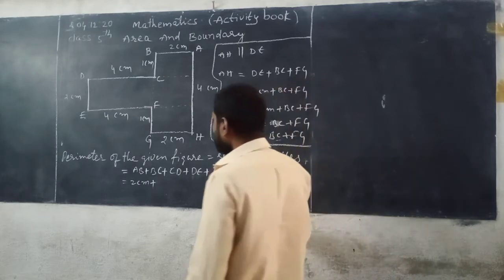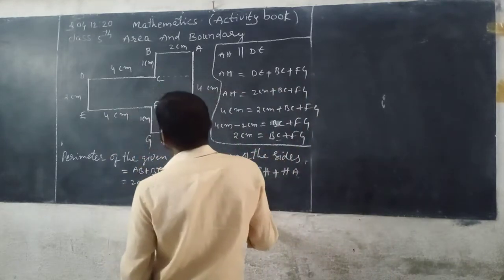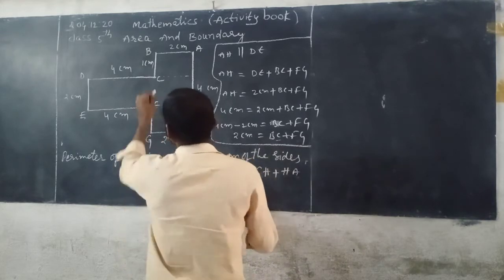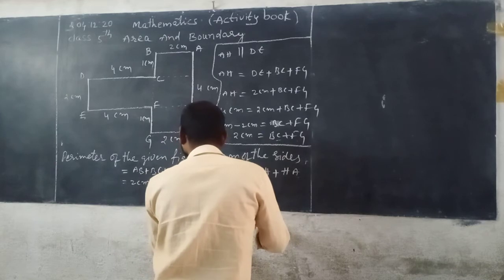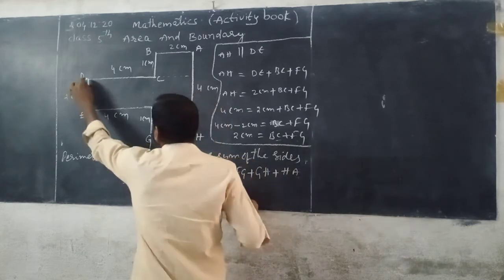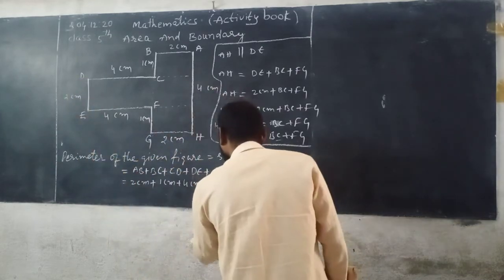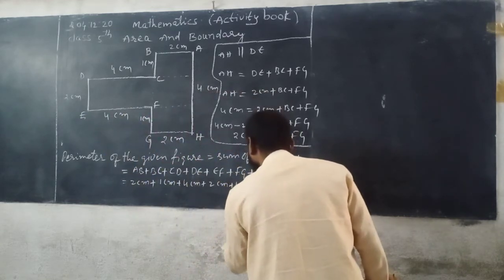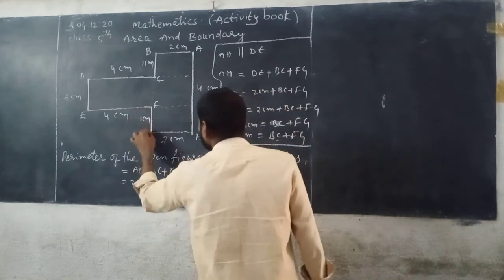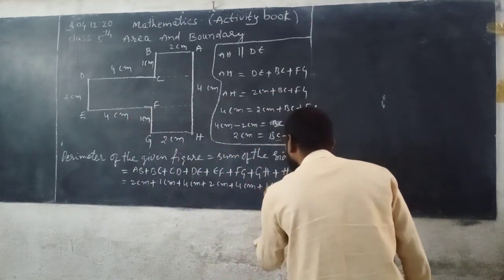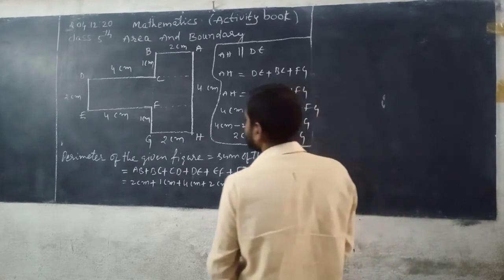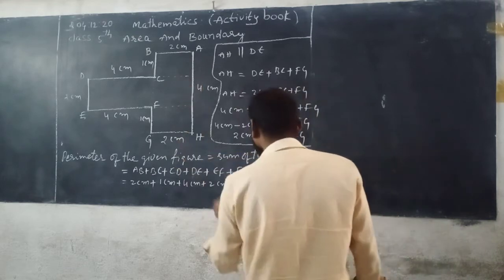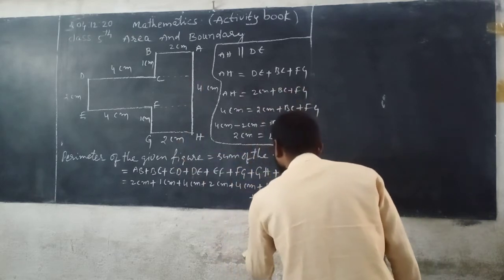See, AB is equals to 2 centimeter, BC is equals to 1 centimeter, CD is equals to 4 centimeter, DE is equals to 2 centimeter, EF is equals to 4 centimeter, FG is equals to 1 centimeter, GH is equals to 2 centimeter, HA is equals to 4 centimeter beta.